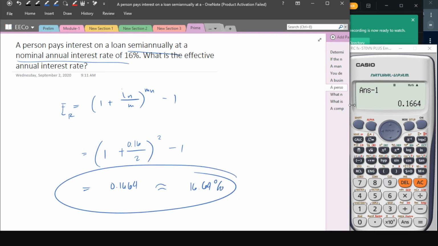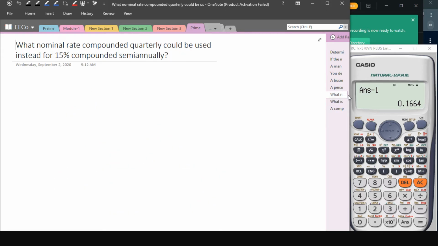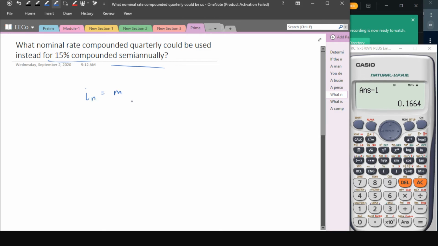Next one. What nominal rate compounded quarterly could be used instead of 15% compounded semi-annually? Bibigyan ko na kayo ng formula para hindi na kayo mag-algebra. i_n is equal to m, e raised to ln of 1 plus i_n over yung compounding. Yung m o mode ng compounding na ibinigay sa'yo na i-convert mo.